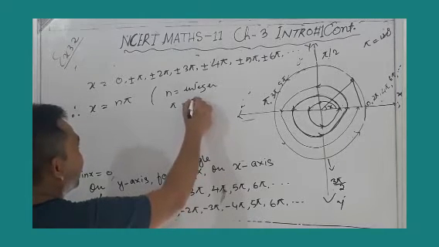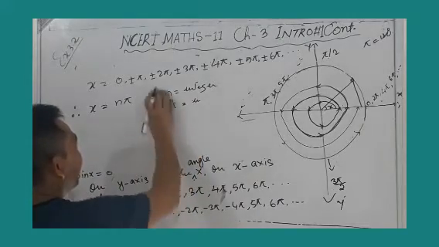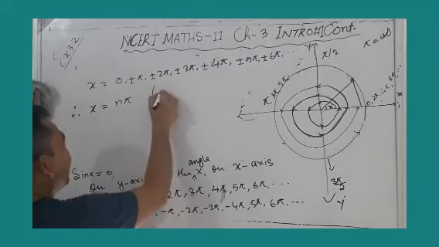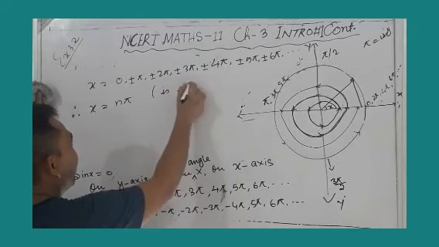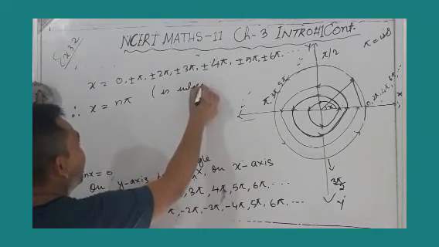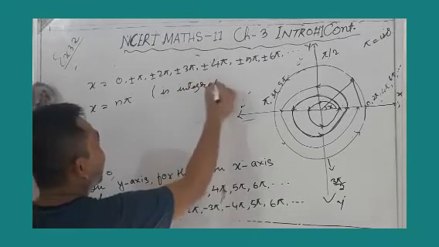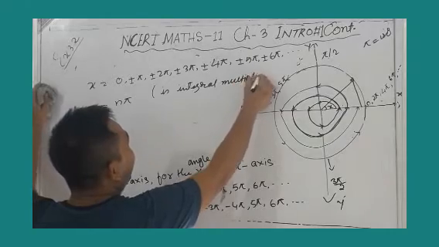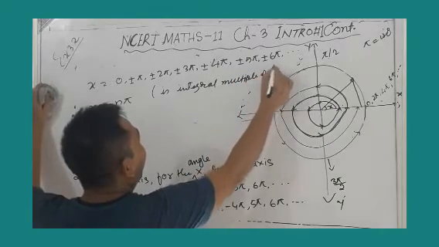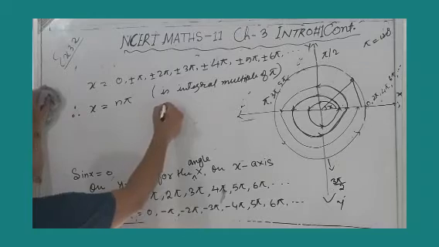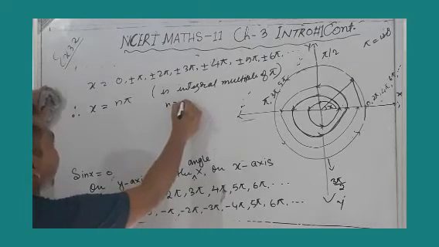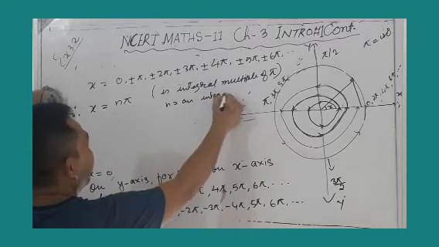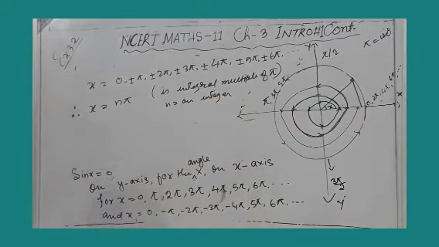So it is an integral multiple of pi. n is an integer.